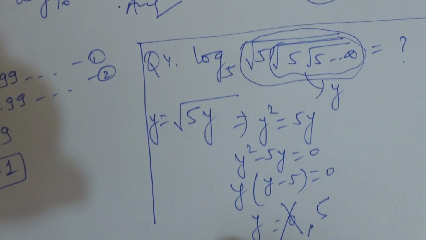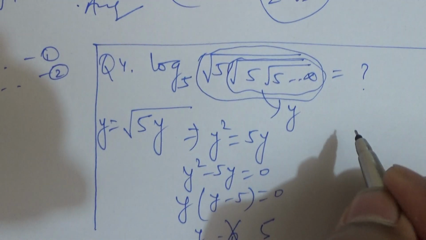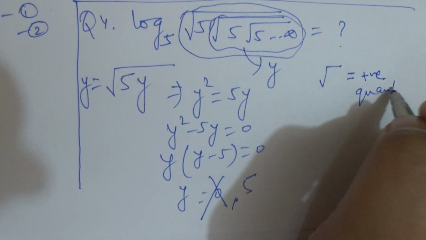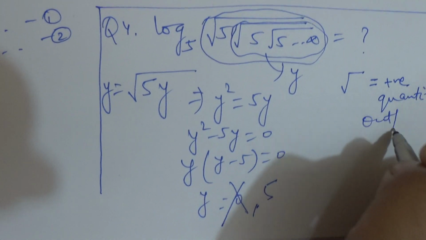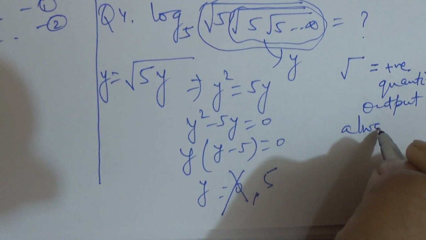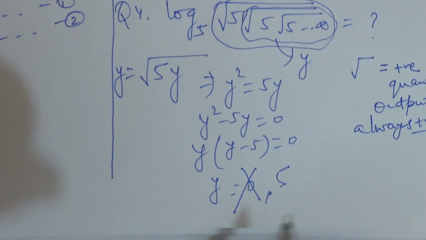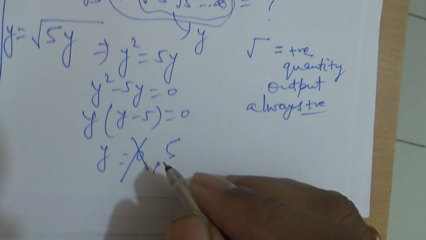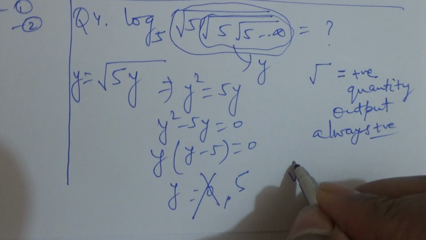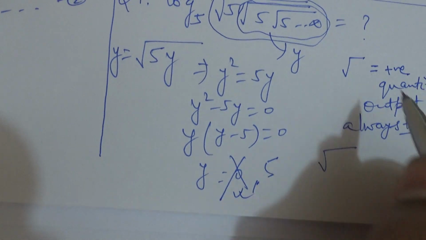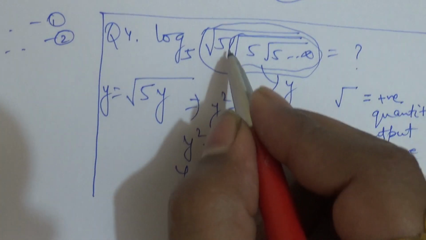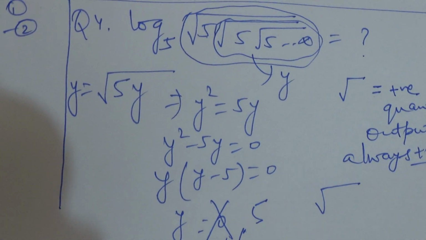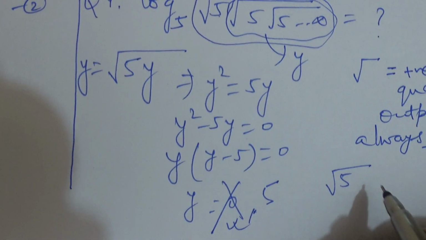But 0 is not possible, since a square root quantity is a positive quantity. Its output is always positive. The square root of 0 can be available in general, but here the quantity is something greater than 0 but not equal to 0, because it is a square root of 5 like this.